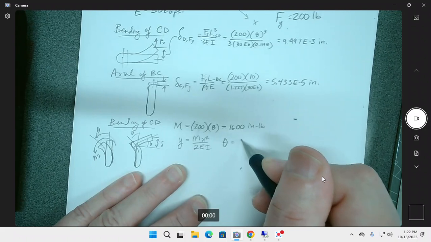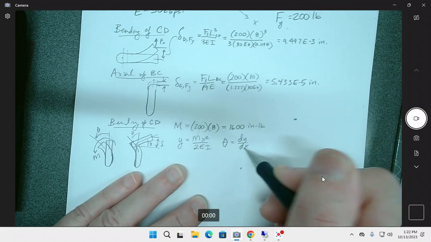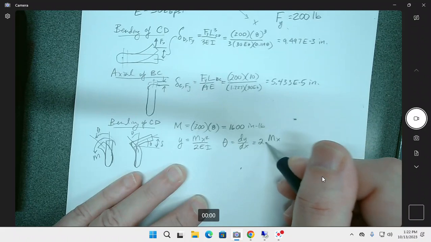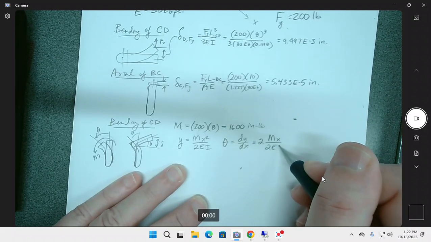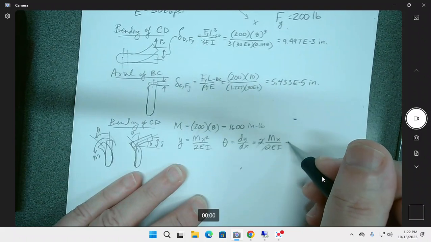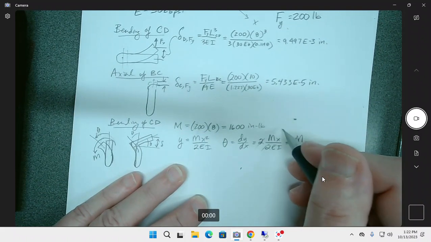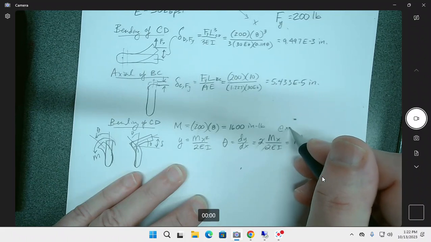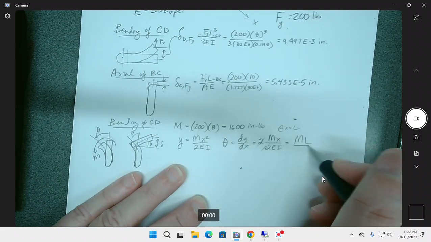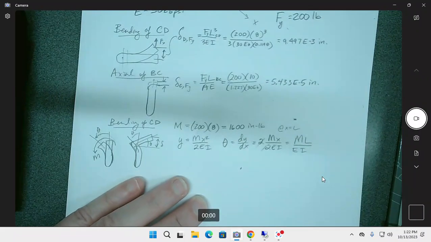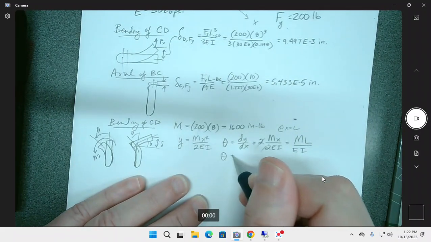Therefore, theta, which is dy/dx, is equal to 2Mx over 2EI, or just Mx over EI. And then at x equals L, it's ML over EI, and that should give us radians.